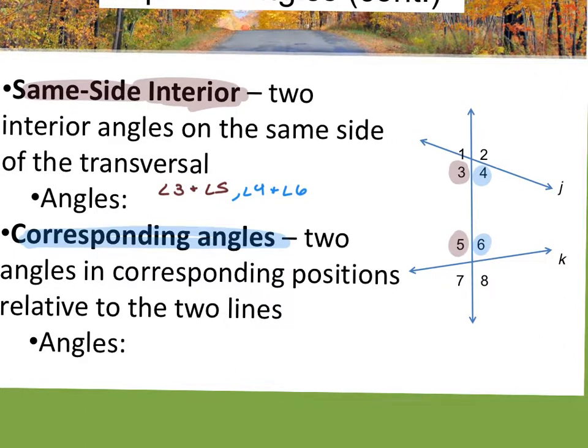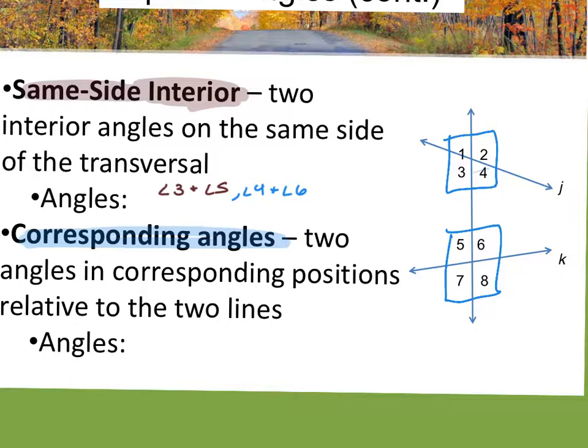Okay, so corresponding, the easiest way to look at it is if you make a little box around the 4 angles that are formed by the intersection of your transversal and the other line, then there are 4 corners. There's top left, bottom right, no matter how you turn that. And whichever one's in the same corner is what matches.